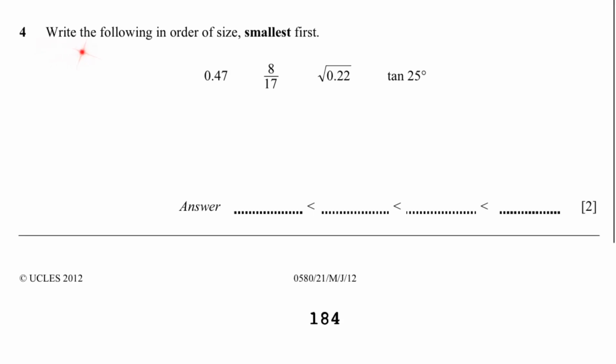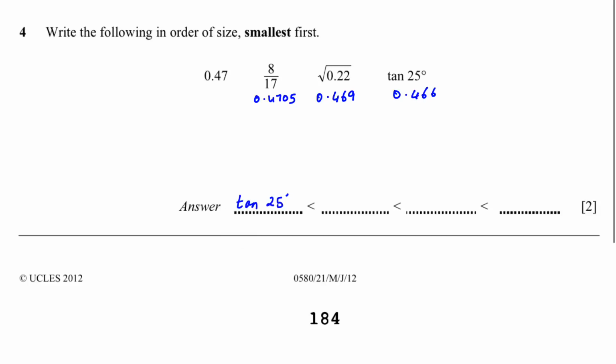In question number 4, we have to write these numbers in order of size, smallest first. We will write everything in decimal form and we will get these numbers. Look at what is the smallest. 0.466 is the smallest. So we will write here 10, 25.